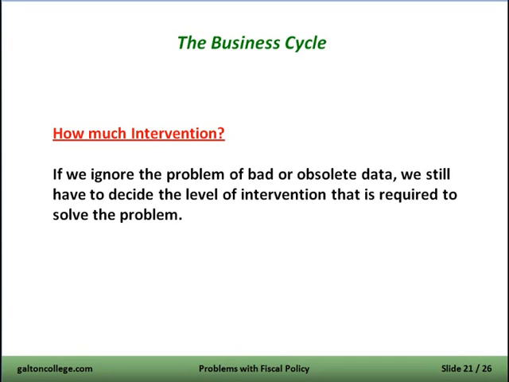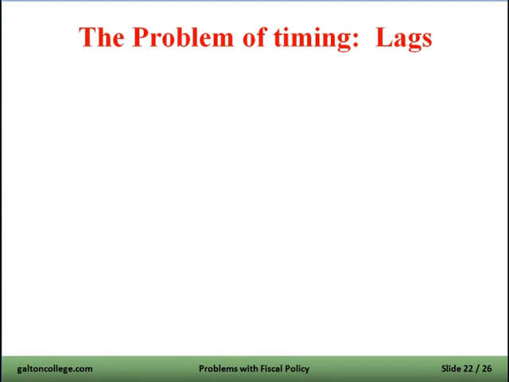Now, the problem of timing and these lags, well, the first lag in timing is the administrative time. Even if the data is correct and the government acts on it and has got the right scale of intervention, it still takes time.